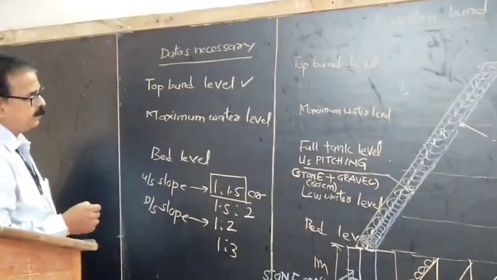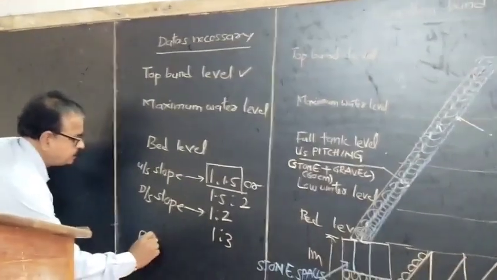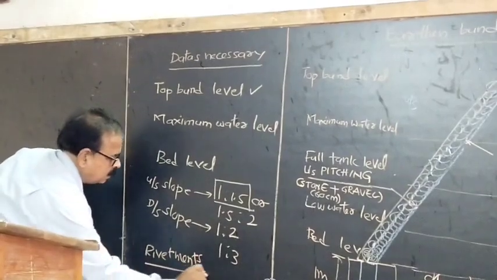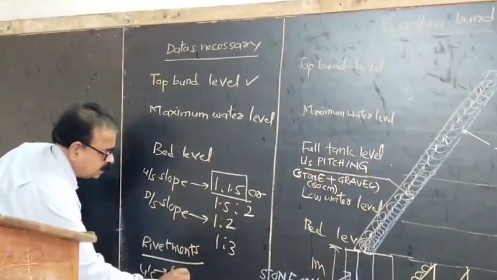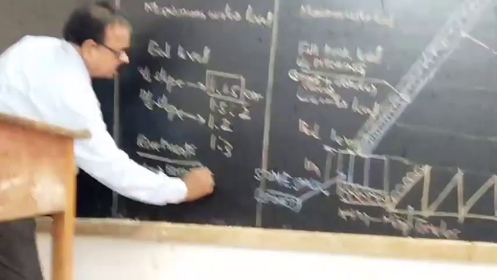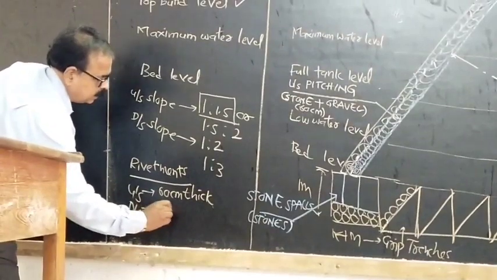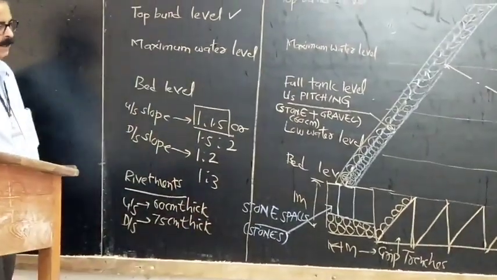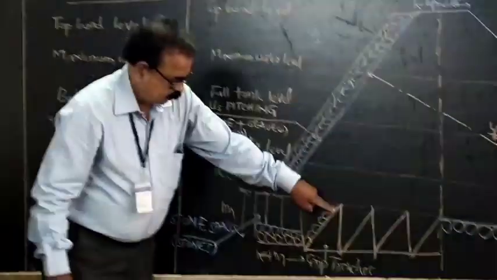We have to be very careful with the revetments. The upstream side revetment should be 60 centimeter thick. The downstream side thickness should be 75 centimeter thick. And I have used one more word, grip trenches.